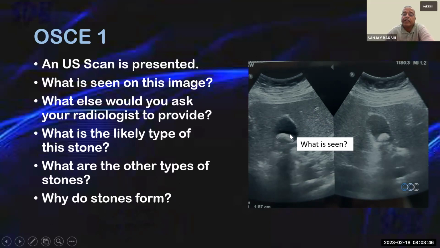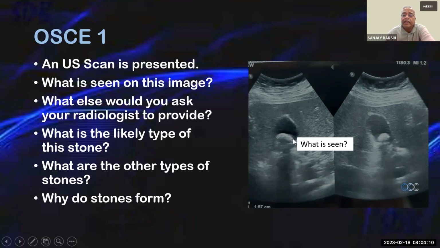Yes, there's an acoustic shadow, as Professor Shah has said, and the size of the wall is also important, isn't it? So you would like the radiologist to tell you the size. It is easier for them to mark it out because they take 2 points. They've done that. You can see the two plus marks out here, and that will give you the size of the stone.